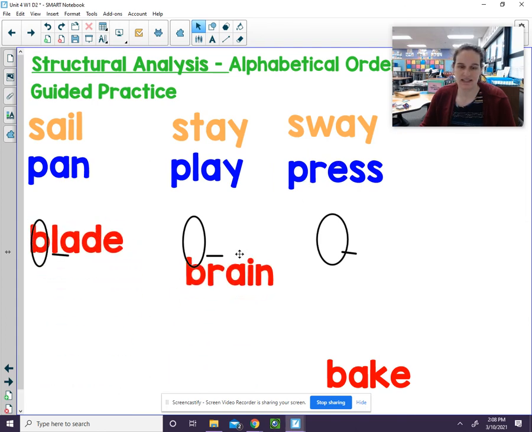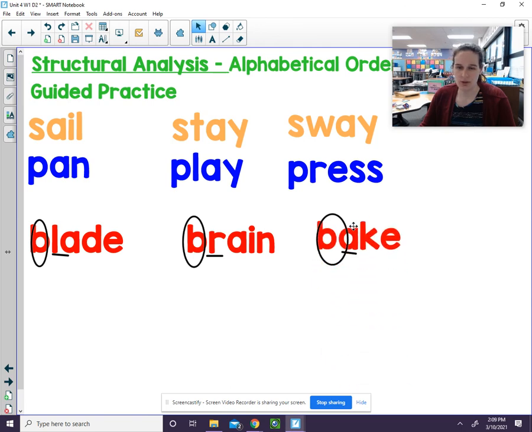Here's our last set to look at, and I really need your help. Notice again, they all start with B. If that's the case, we have to look at the second letter. We have an L, R, and an A. So which of those would come first? L, R, or A?